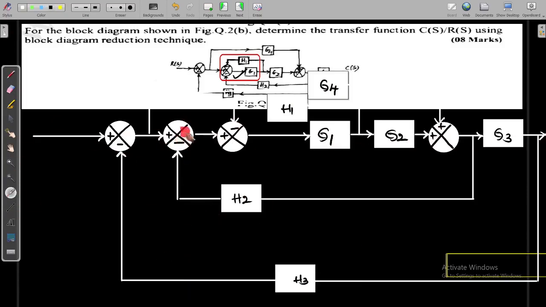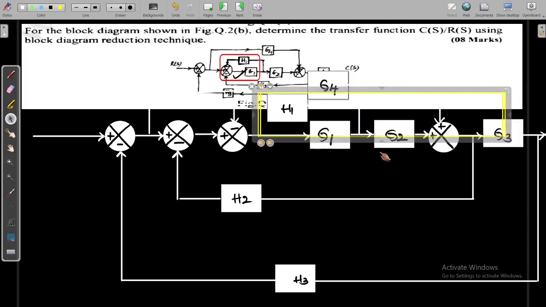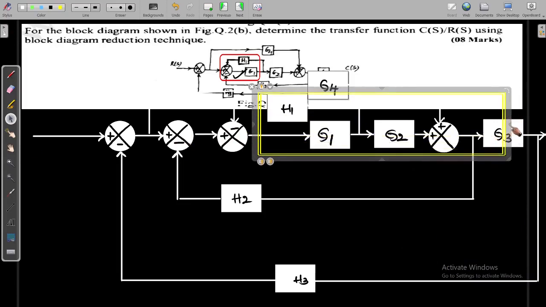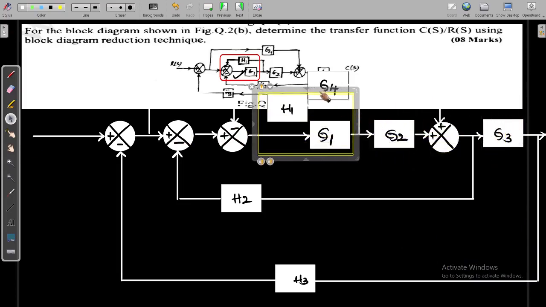Now we have separated these two summing points. So after this separation, if you observe here, how these two are connected, let me highlight it. They are feedback elements. First we will reduce that, and after that you will get another change that we will do in the next step.